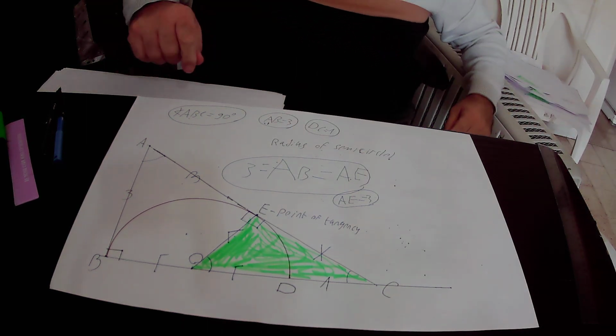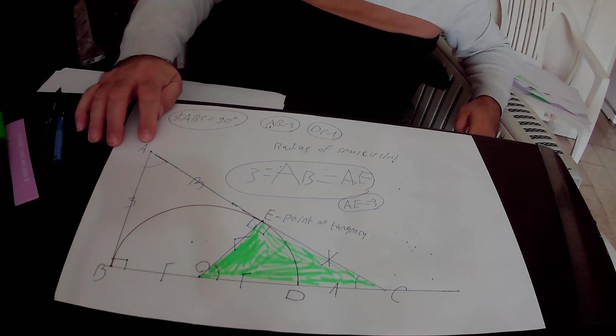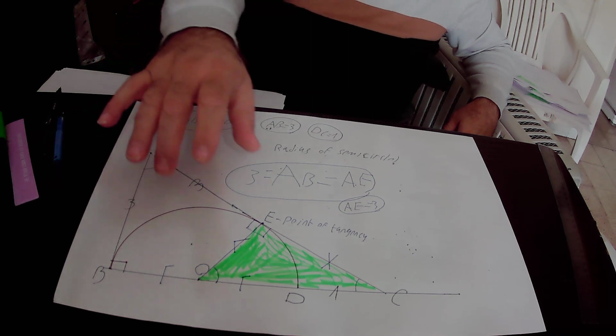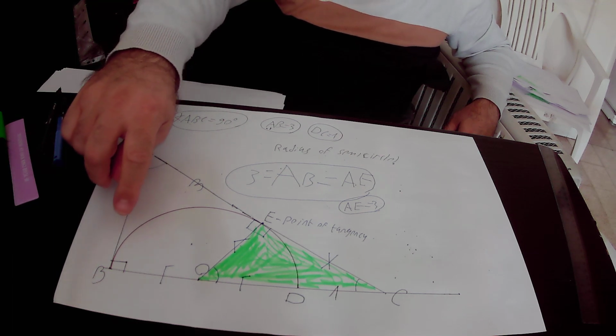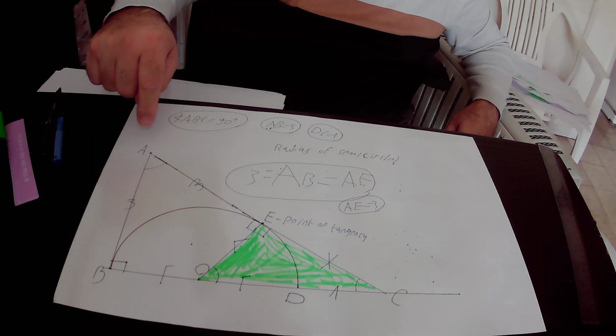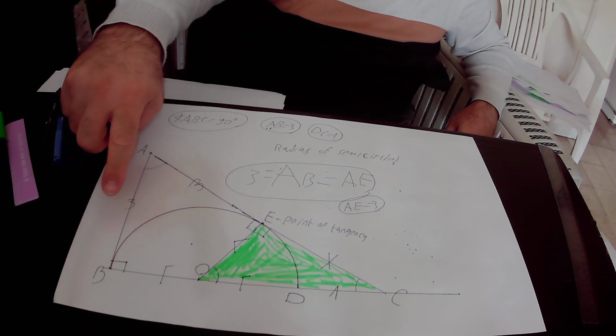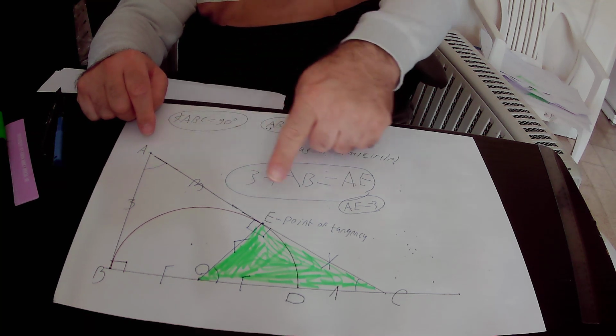We actually implemented rule number 1 in our drawing. The point A is an external point of this semicircle, and from point A we have two tangents to the semicircle. The first tangent is tangent AB, which equals 3 units, and the second tangent is tangent AE.